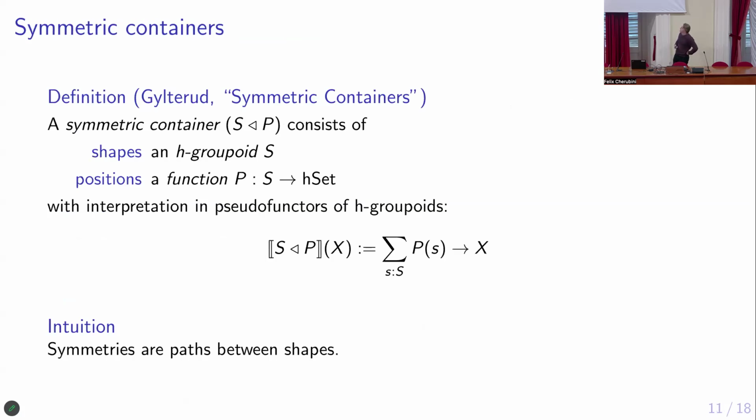So what's a symmetric container? This is where homotopy type theory comes in, because you can say, what if you upgrade your shapes to be an H groupoid? So now it's no longer just a homotopy set, but an H groupoid with the same interpretation, and this interpretation takes H groupoids to H groupoids. You think of this H groupoid of shapes as encoding the symmetries that you're interested in, already on the shapes.